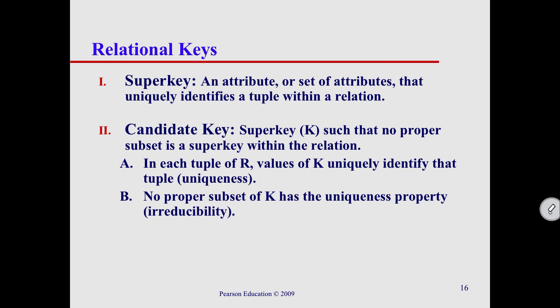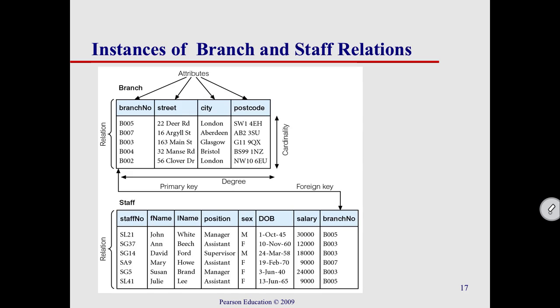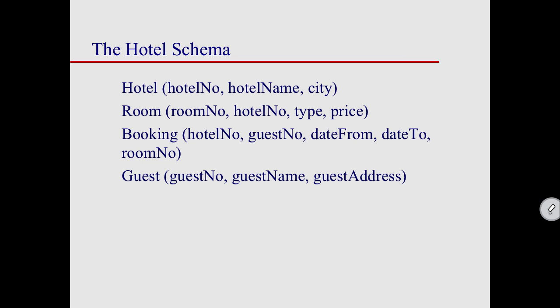You can actually have multiple candidate keys in the same relation. So go now to the booking relation, where you can have more than one candidate key. First, I have to give you some restrictions.